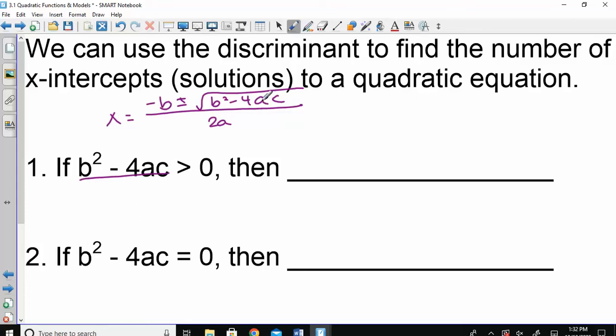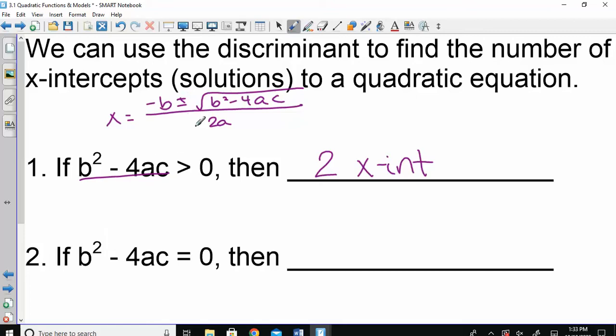If you put a positive number under a square root, do you get real or imaginaries? Real. So we would have something plus that and something minus that. So we get 2 real solutions. In terms of x-intercepts, that means we have 2 x-intercepts. This graph would hit the x-axis twice if your discriminant is positive, because we get 2 real solutions.